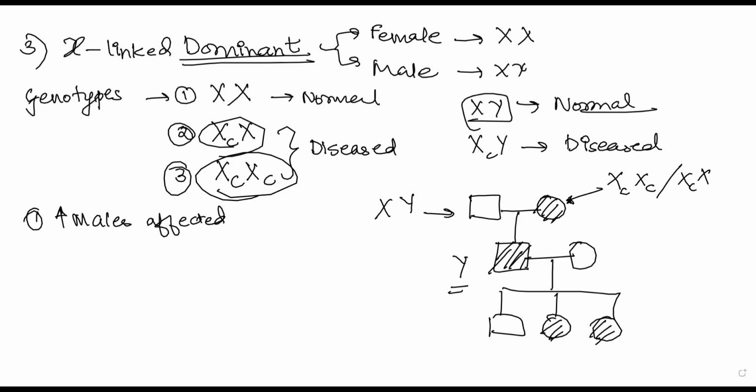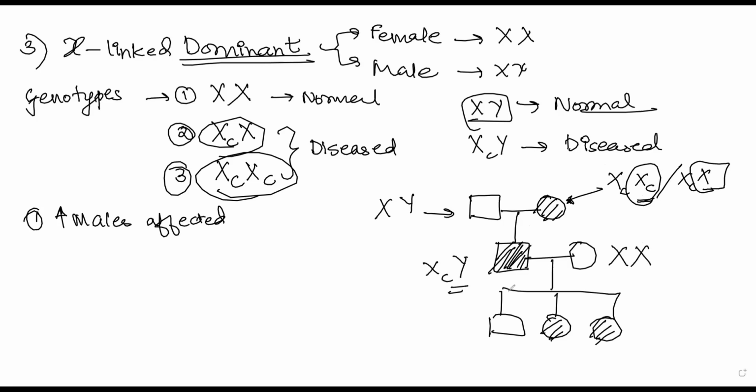This female right here can give either the XC, which is the disease allele, or the normal one. Obviously since the male is affected, this may be the diseased allele XC. This female is normal, so she is capital X capital X.